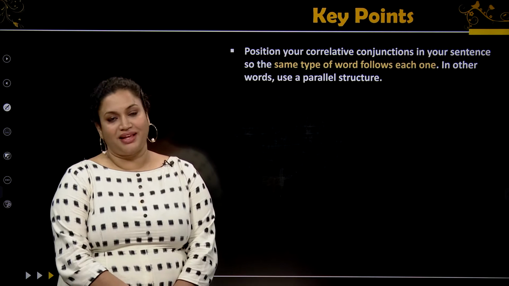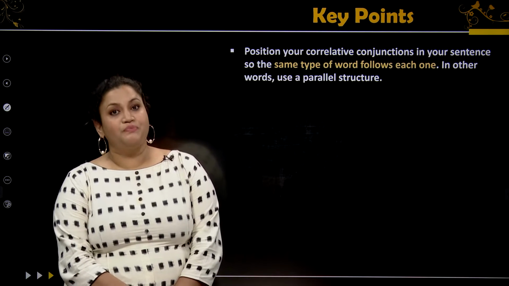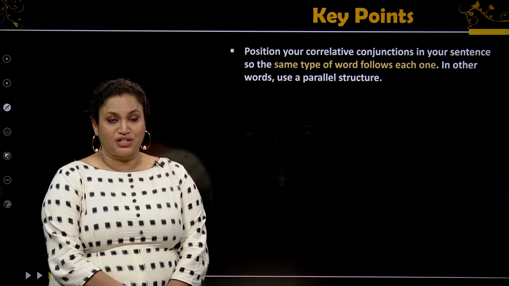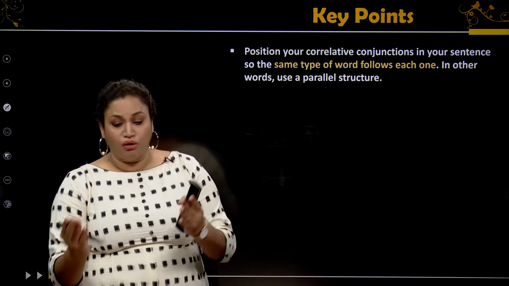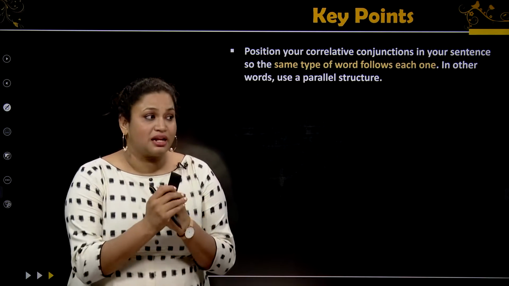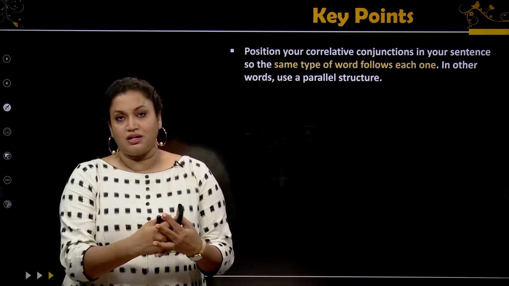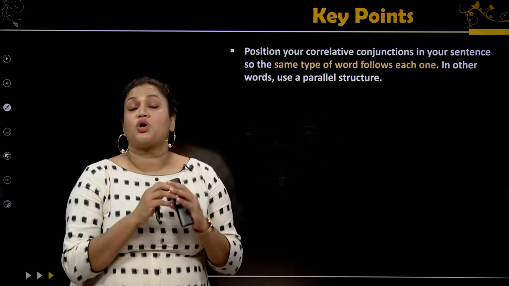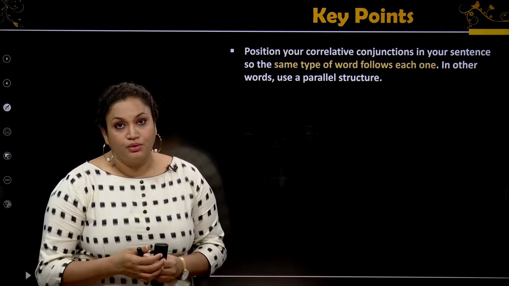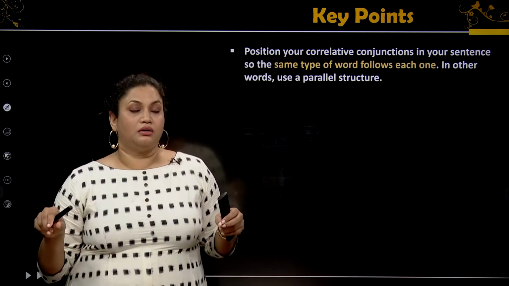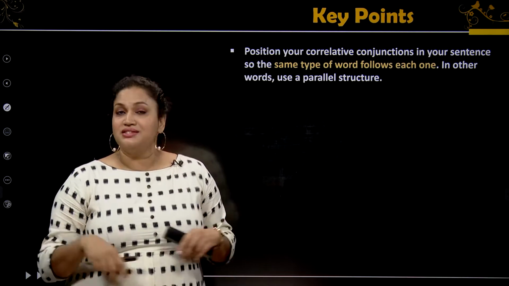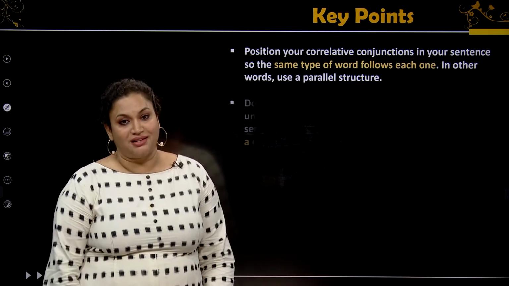But make sure whenever you are using correlative conjunctions, they should be parallel in form so that they both have the same tense, like the simple present tense, or the past tense, or the future tense, whatever you want to use, it should be the same. So therefore, you could use these correlative conjunctions and make a beautiful, amazing sentence.